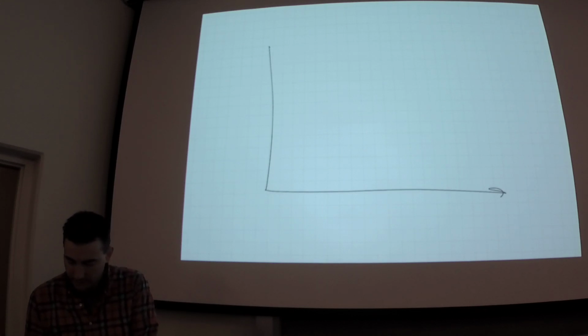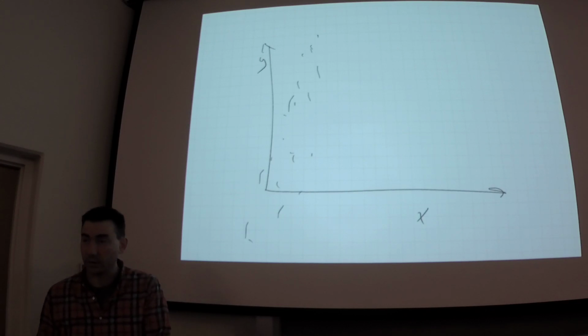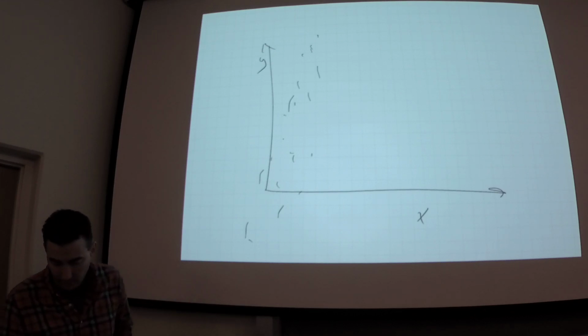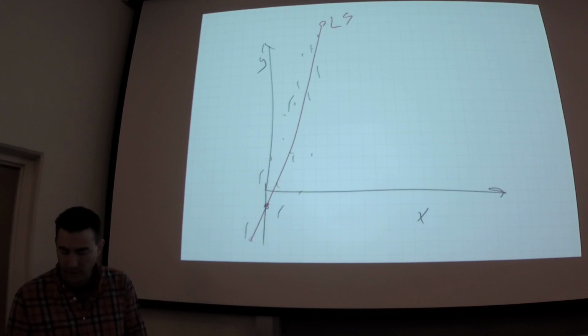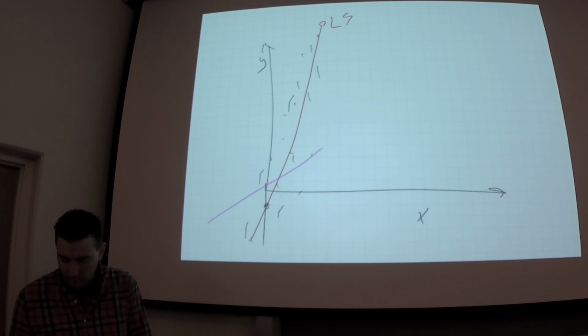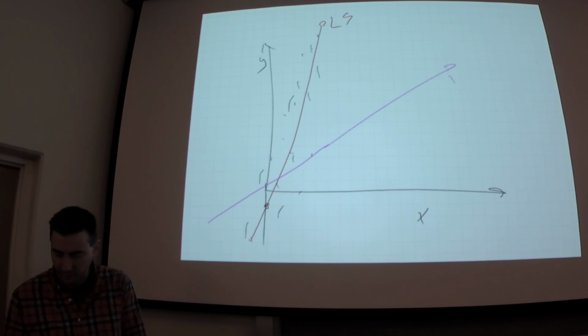Yeah, so let's draw a picture. This is x, this is y, and let's say that the data happen to look kind of like this. What's happening here is that the least squares model might fit something like this, so the intercept might be down here, whereas a ridge regression model might fit something like this.